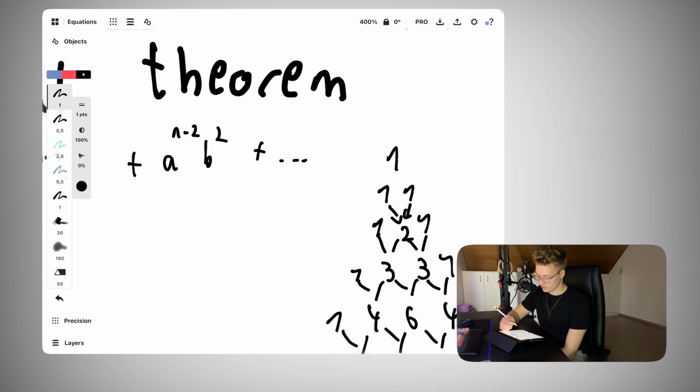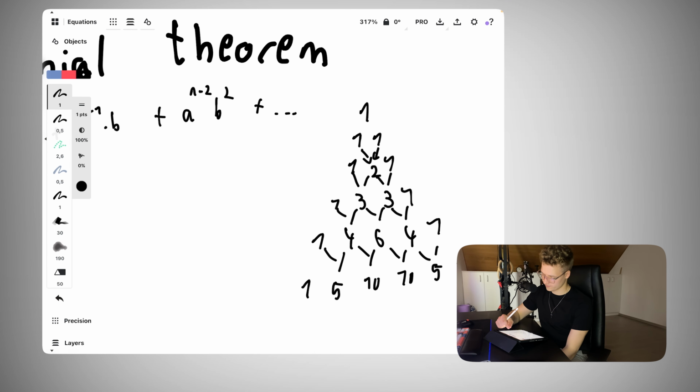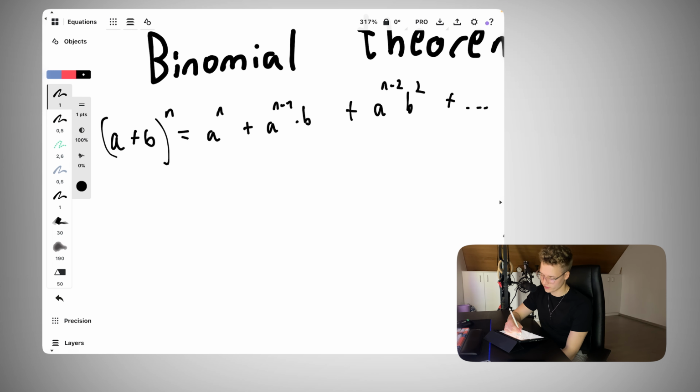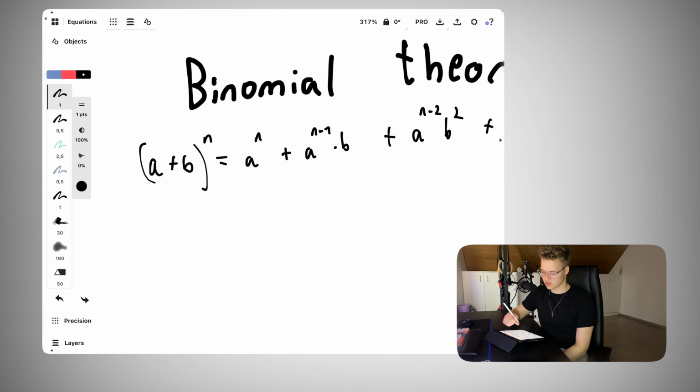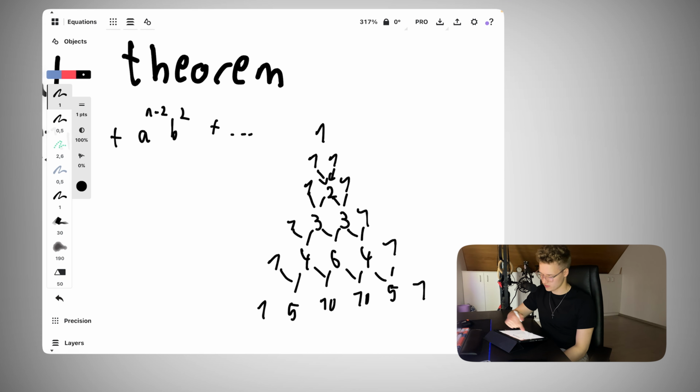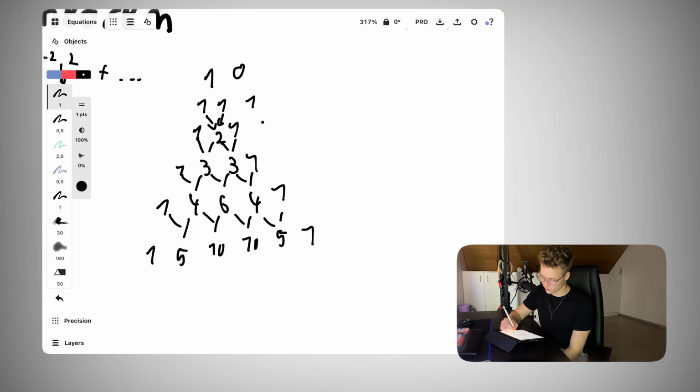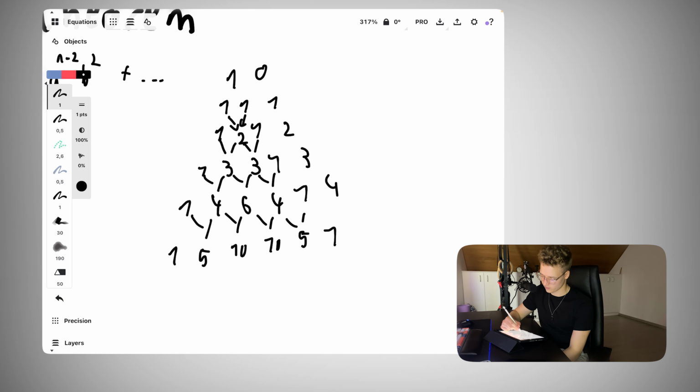And what happens? Well, we have to write some numbers here. So this one would have a number, this one would have a number, this one would have a number, and so on and so forth. And the numbers are going to be equal to the corresponding row of Pascal's triangle. So if here we have n, this goes like this: 0, 1, 2, 3, 4.